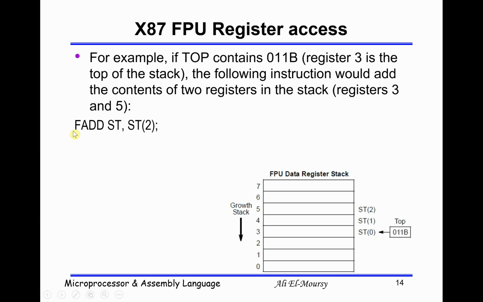As you can see, I add the letter F because this is a floating point instruction, and this instruction is supposed to add two registers together. Which two registers? ST means ST0, that means the value in register R3 will be added to the value at register R2, and the result of this addition will be placed or stored back.